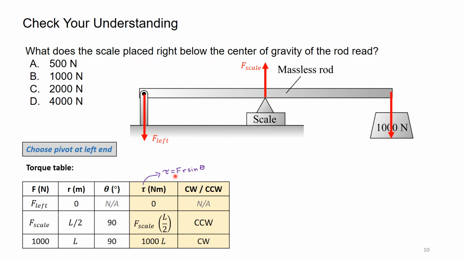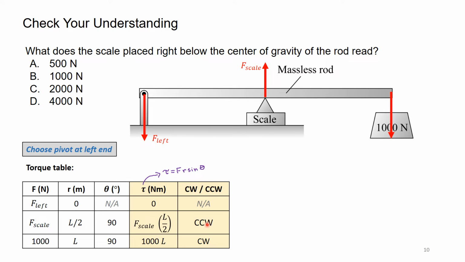And then use the equation for torque. So that's force times r times sine theta. So force is F scale. So we plug it in here, and r is L over 2. That also goes in the box. And sine of 90 is just 1. So you put a 1 for the sine of theta, and you get this quantity in the box.